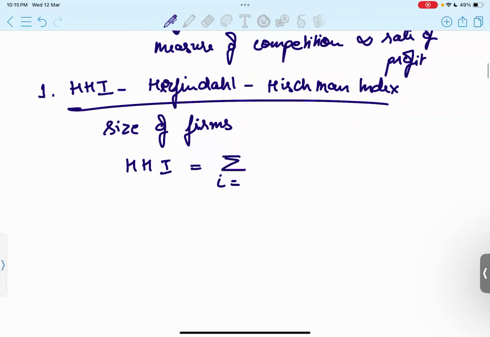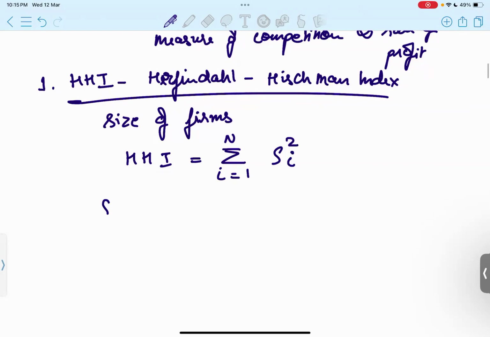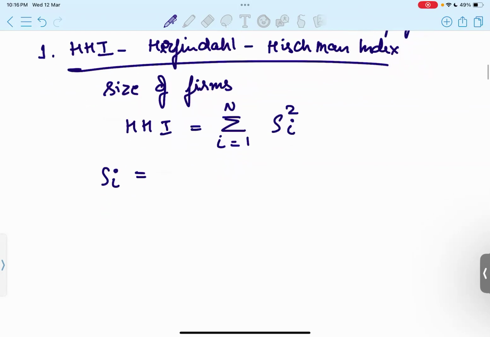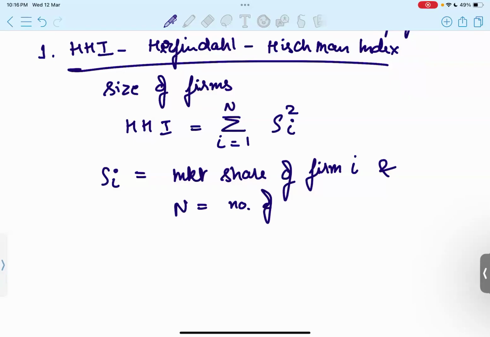Let's say 1 to n is the number of firms in the industry, and this is the formula. Si indicates the market share of the firm that we are taking, firm i, out of the total number of firms from 1 to n in the market, where n is the total number of firms present.